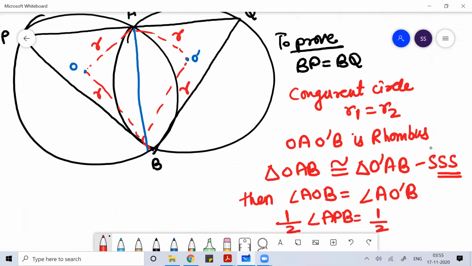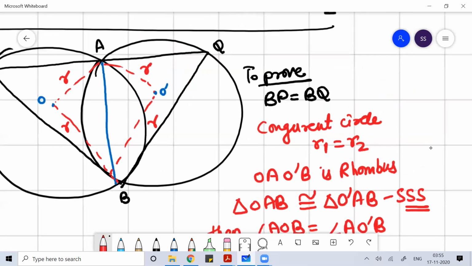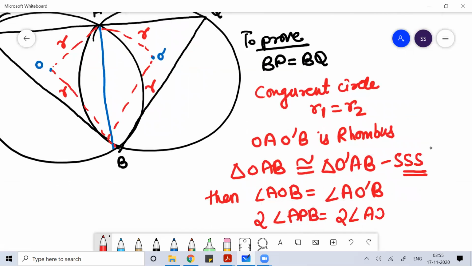AOB, they're double, no? Not half, double. I can say twice of angle APB will be equal to twice of angle AQB, because AOB and AO dash B are equal as the triangles are congruent.